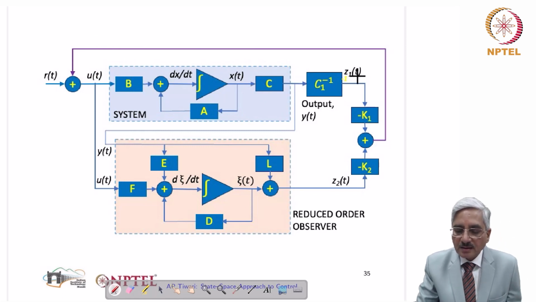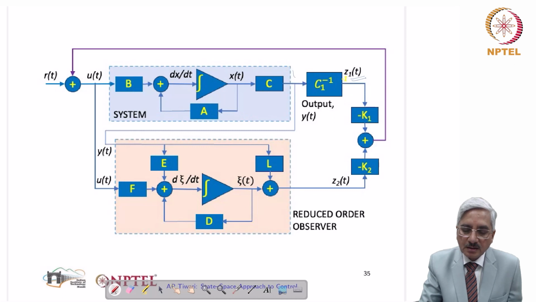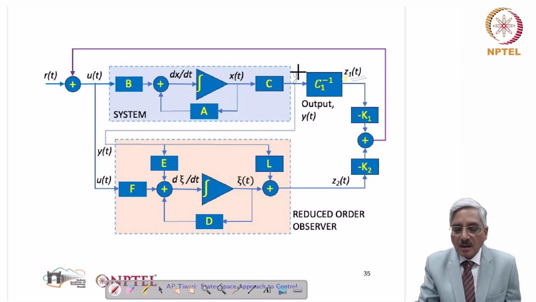So we have the states Z1, which is the same as C1 inverse Y. This is Y here. So C times xt gives Y, and that comes out of the system. So we multiplied with C1 inverse to get Z1.